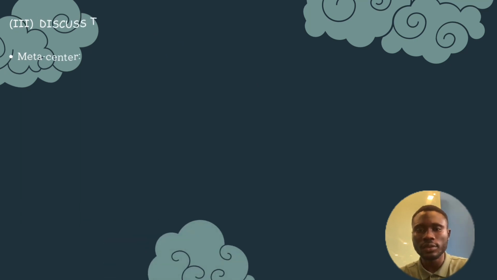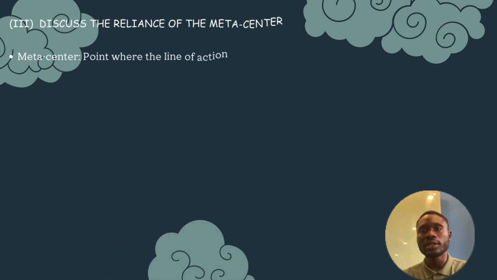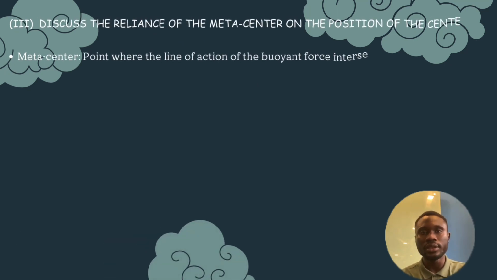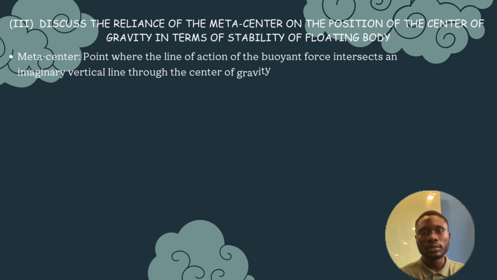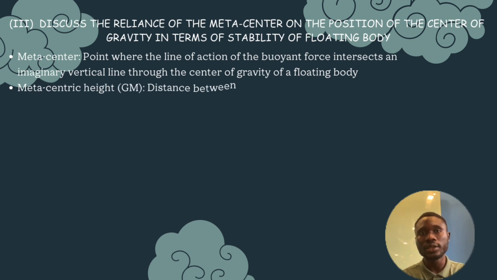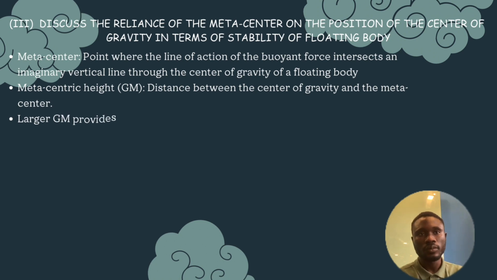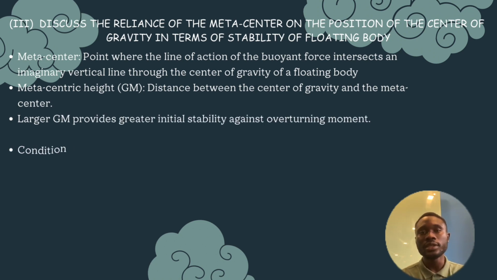I will be discussing the reliance of metacenter on the position of center of gravity in terms of stability of a floating body. Metacenter is a point where the line of action of buoyant force intersects an imaginary vertical line through the center of gravity of a floating body. Metacentric height, denoted as GM, is the distance between the center of gravity and metacenter.